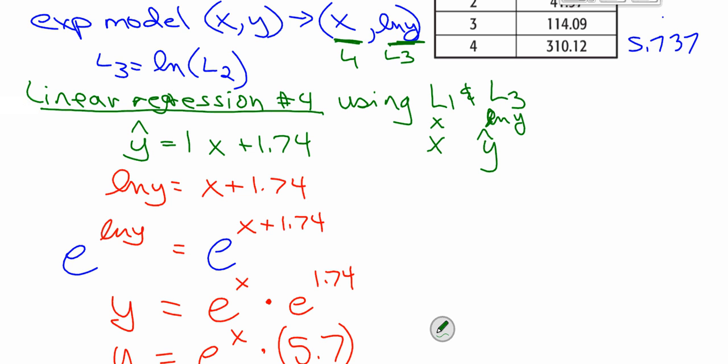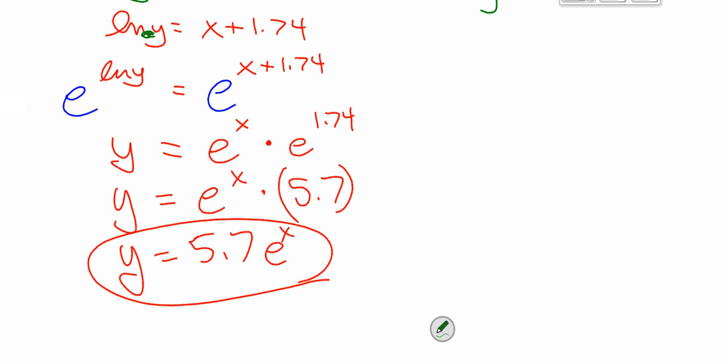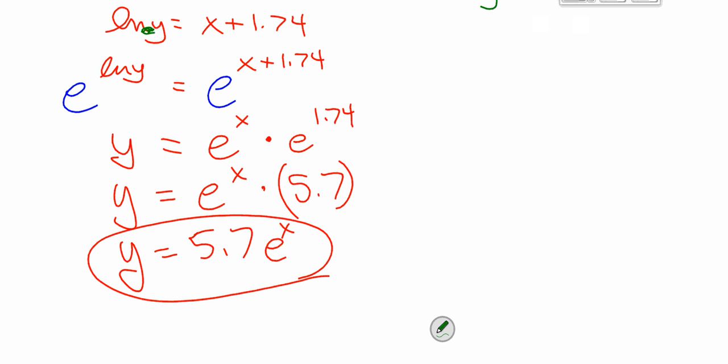Why did we use e as the base? Because of the ln of y. Then we get just y here, right? And every time we got something that was added, we separated it into multiplication, and something is a number.